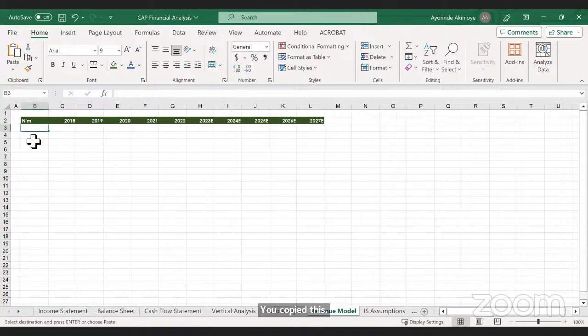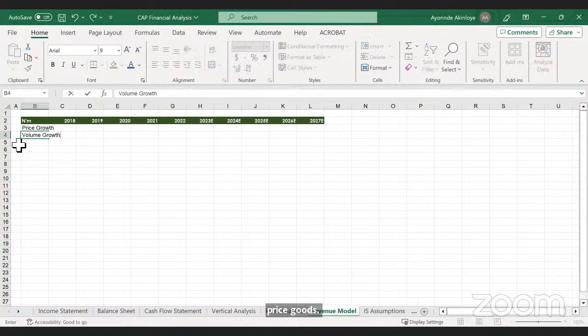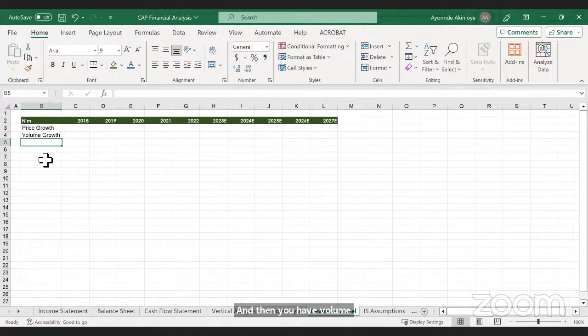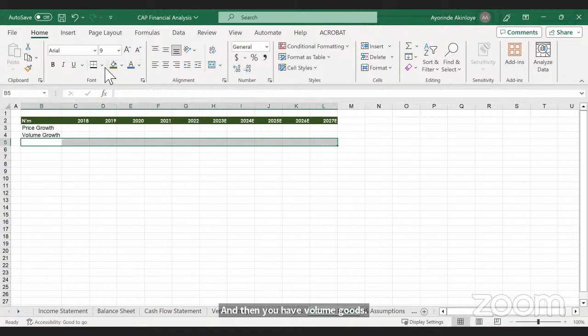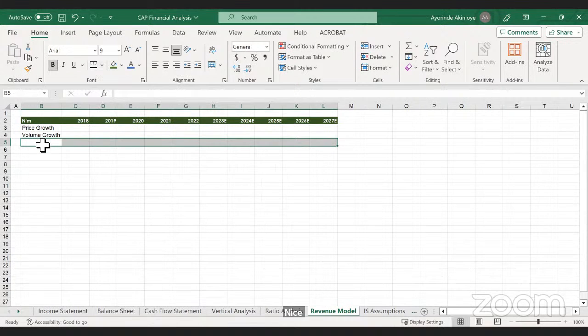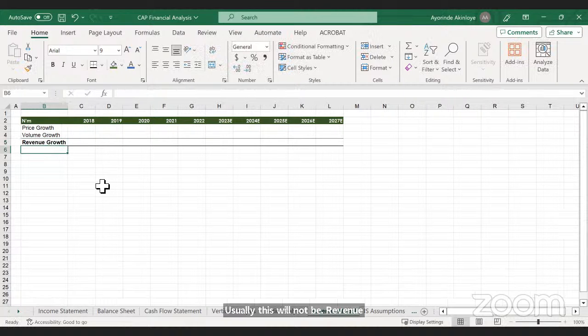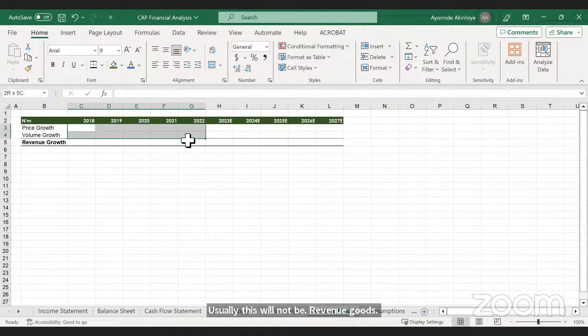This is just my own style, so don't mind me. So you have price growth, and then you have volume growth, right? This will now be revenue growth. So you extrapolate for all these years using the method I taught you.